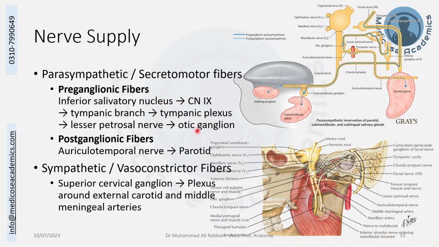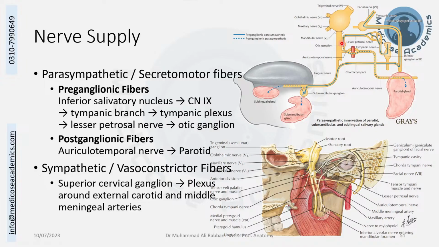I have summarized it right here. For the parotid gland and sympathetic fibers, in the last lecture of the neck we discussed the sympathetic plexus that was forming around each of the arteries.